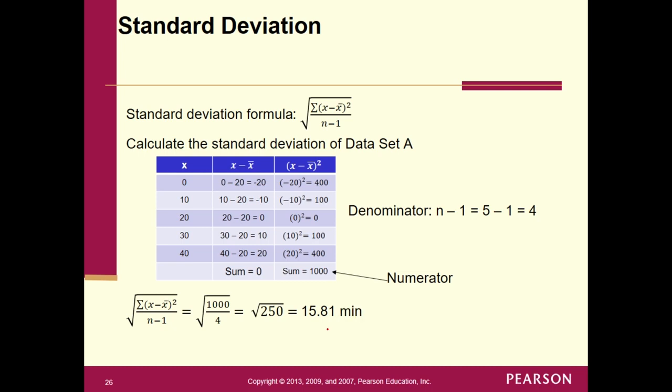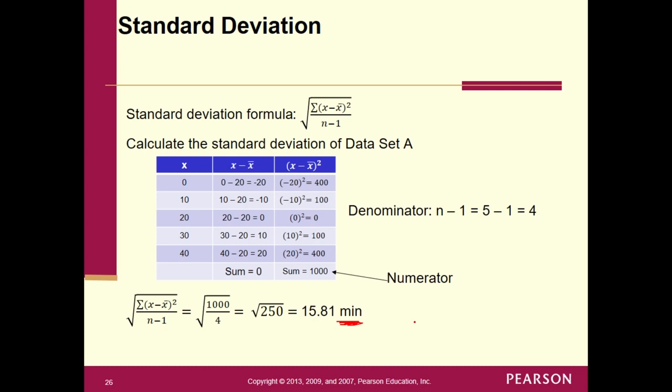And so, remember, x was in terms of minutes? So the standard deviation for this data set would be 15.81 minutes. Same units as x. So there was the standard deviation for A.